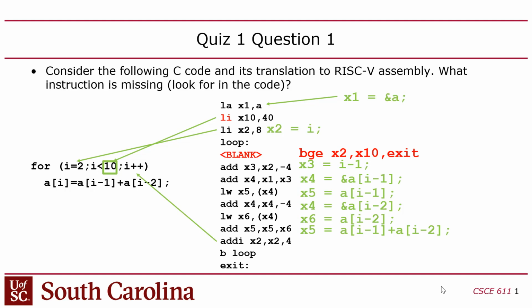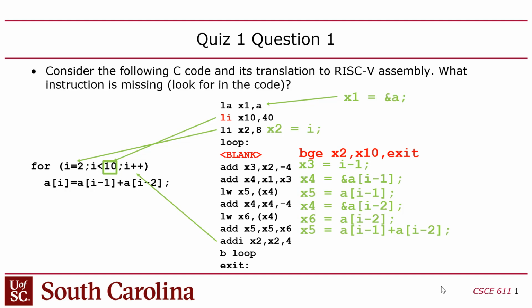We decrement 4 because we want to subtract 1 from this, so we subtract 4 because it's 1 times 4. And then we add x1, which is the base address of A, and we add x3, that index value.